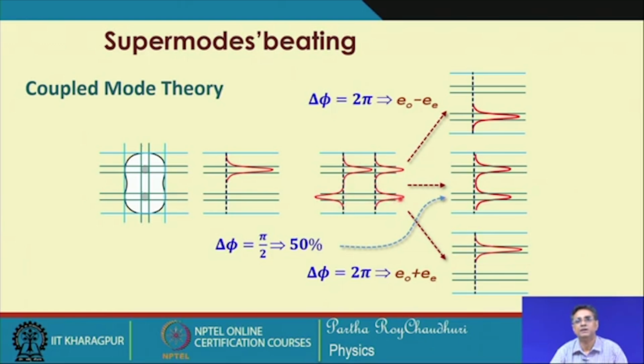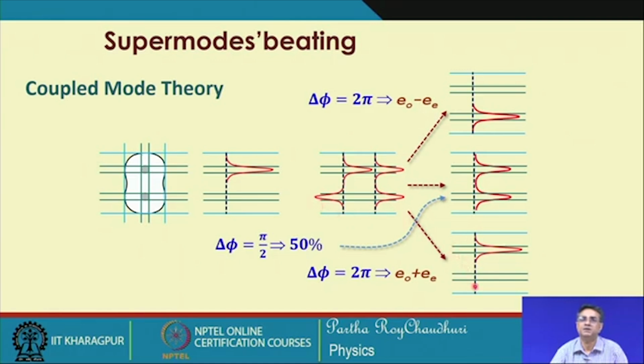They are now travelling in the waveguide. When the phase difference between these two is 0, the lobe is confined into the first waveguide. But if the phase difference is, oh there is a mistake, this should be pi. If the phase difference is pi, then they will be subtracted, and as a result the light will be confined only into the other waveguide.